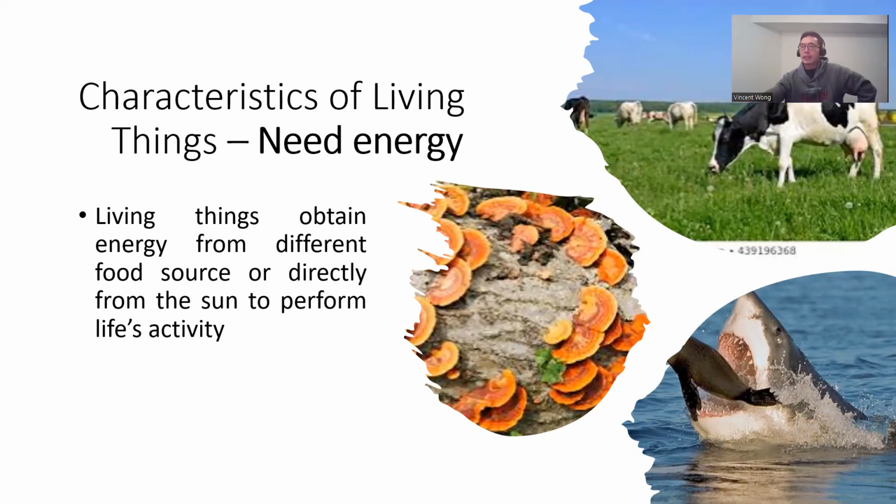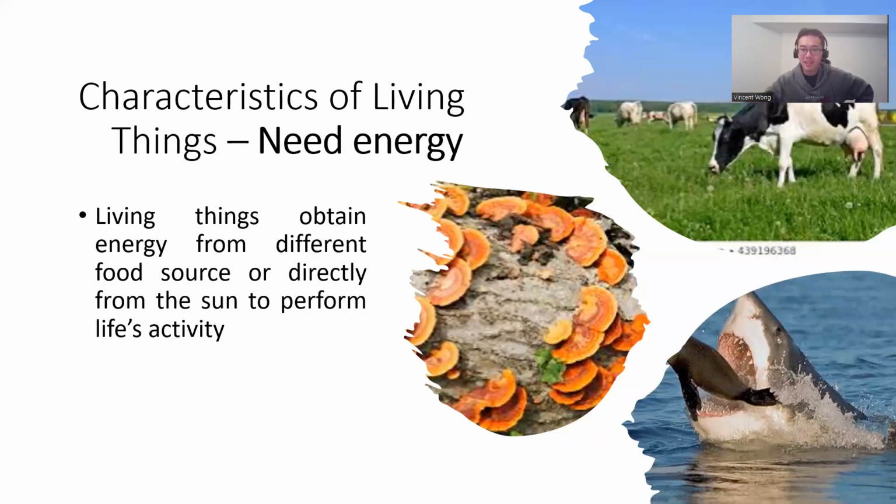Okay, thank you. Yeah, and the next one is the need for energy. Living things obtain energy in different ways. Either they are consumers, which means they have to eat something to get energy, so animals are consumers, or they are producers.